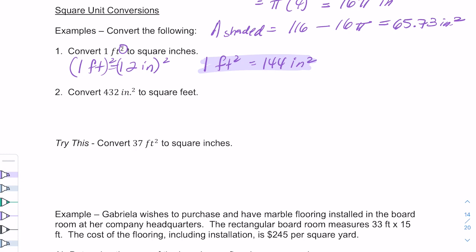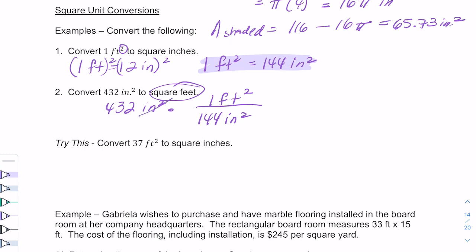So in number 2 now, we're converting 432 inches squared to square feet. So I need to take 432 inches squared, and I'm going to take my conversion that I just figured out, which is 1 foot squared equals 144 inches squared. I basically need to change it to square feet, so I need the inches squared to cancel out. So I'm going to put 144 inches squared in the denominator, and 1 foot squared in the numerator. 1 foot squared over 144 inches squared just equals 1 because they're congruent to each other.